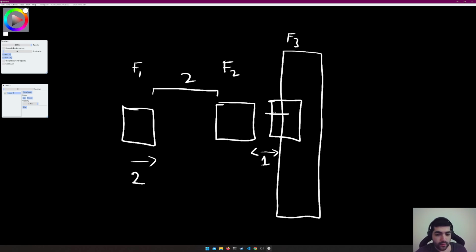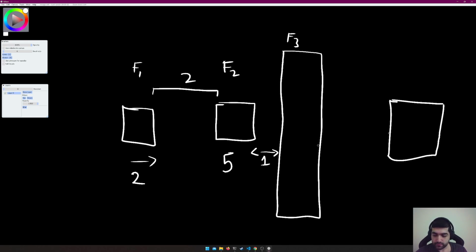Now, if the cube instead is moving faster than 2, in this case, let's say it's moving at 5 units, what's going to happen is at frame 3, it's not going to be intersecting, it would have already passed the wall, right?